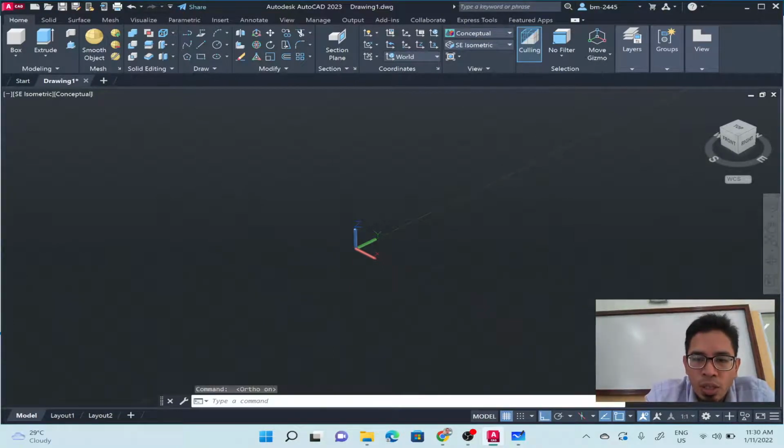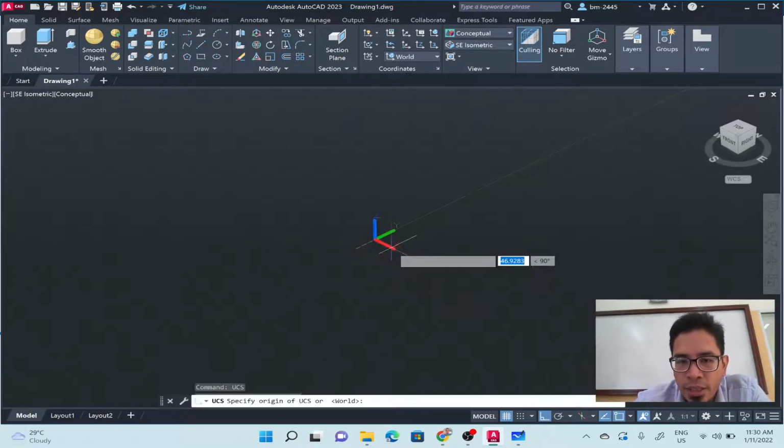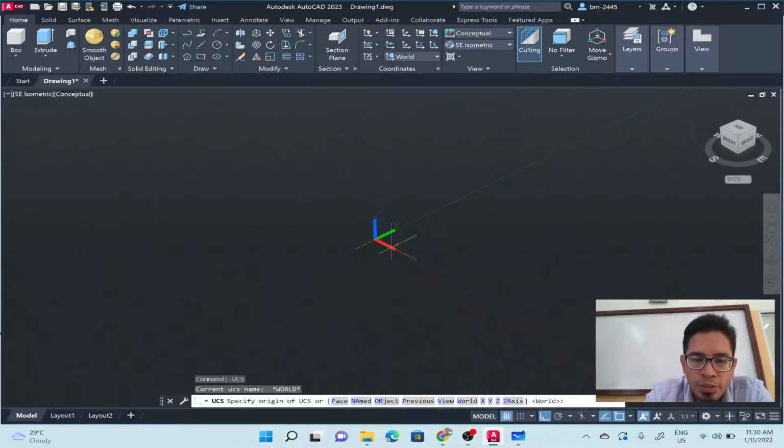Now for our UCS, you can simply put down the command UCS and then click enter. If you notice, number one, the question asks us to specify the origin of UCS.